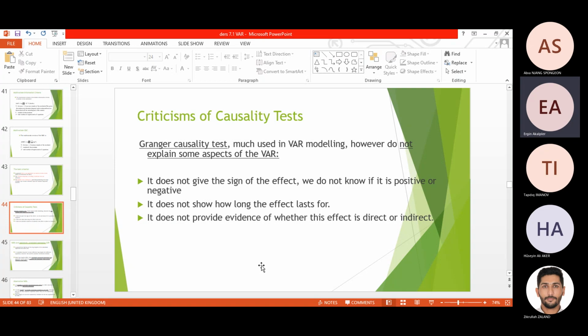It just gives you whether it is affecting or not affecting, and whether a bidirectional effect or relationship will be estimated. It does not give the sign of the effect. We do not know if it is positive or negative. It does not show how long the effect lasts for, and it does not provide evidence of whether this effect is direct or indirect.